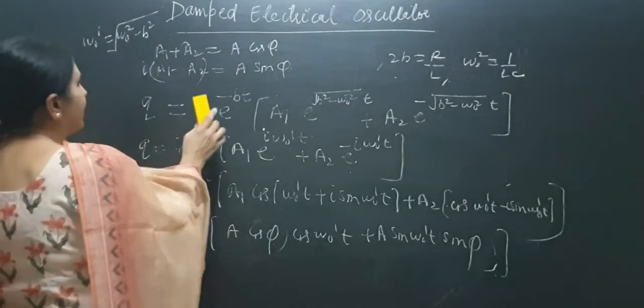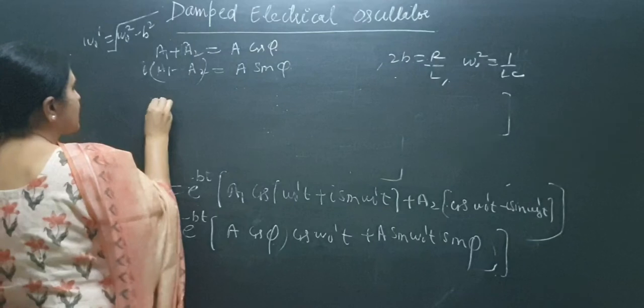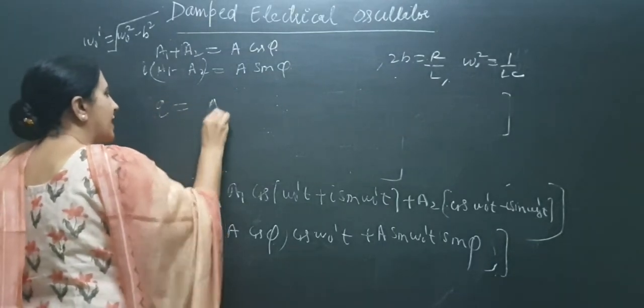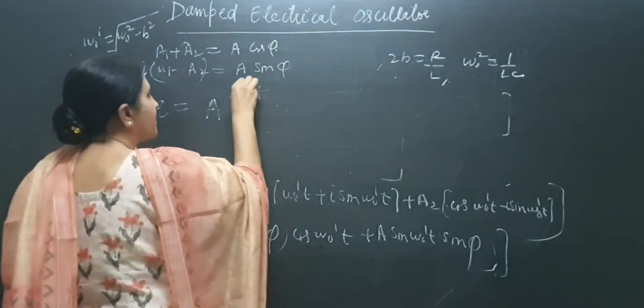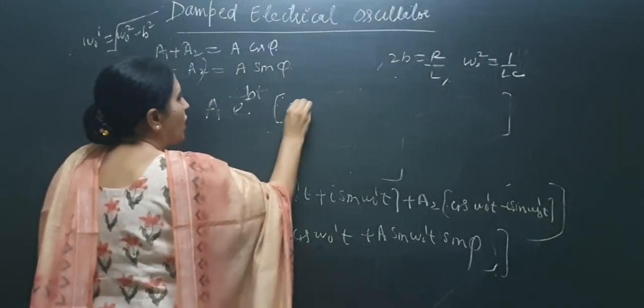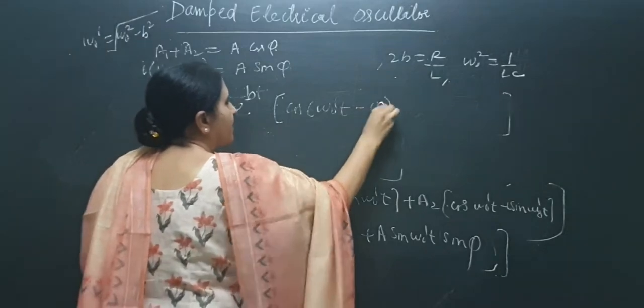So you can write here the final solution, that is q is equal to a outside, a e raised to power minus bt, clear, cos of omega naught dash t minus phi.